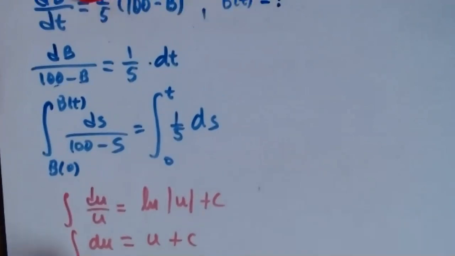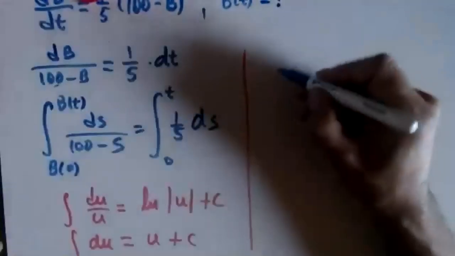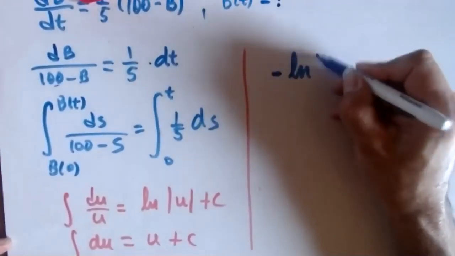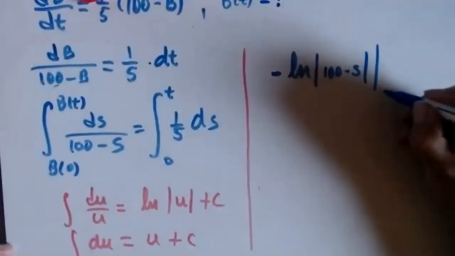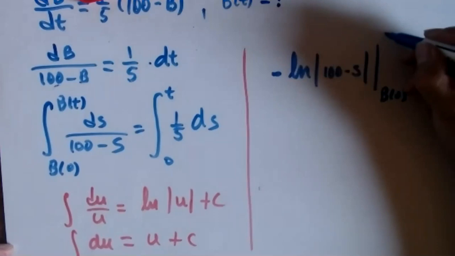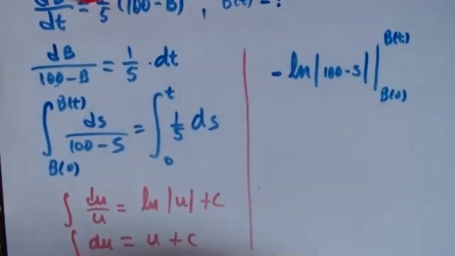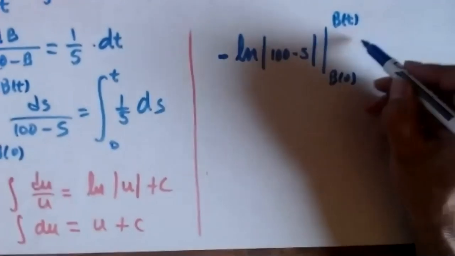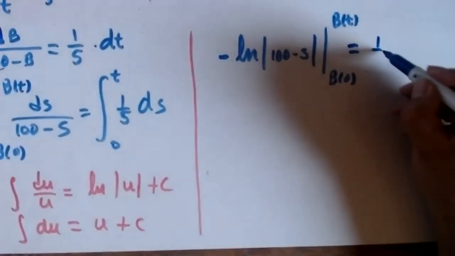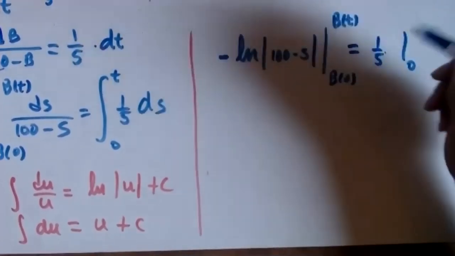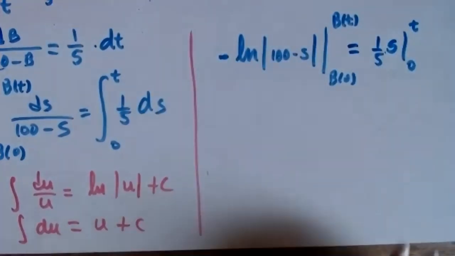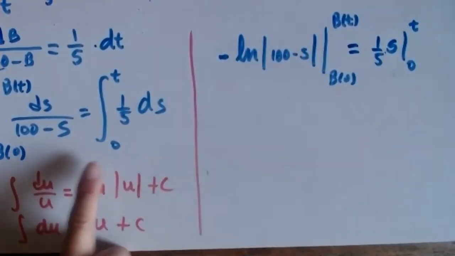So what is going to be the solution of this one? If we solve the calculus here, the first one is negative ln absolute value of 100 minus s evaluated from b of 0 to b of t, correct? Equals 1/5 of s evaluated from 0 to t. So this is the solution of this, and this is the solution of this.